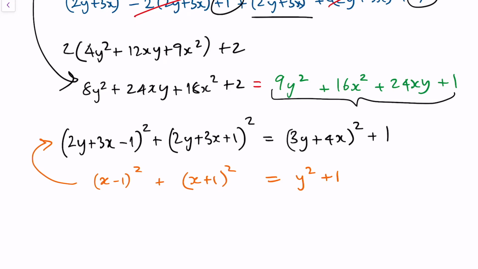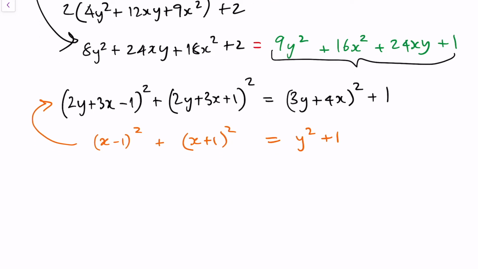So the first solution is obviously x equal to 2, y equal to 3, or in fact 0, minus 1 and plus 1, isn't it? So this will solve these equations. Just to ensure that we understand that this indeed solves: if x is 2, we have 1 squared plus 3 squared, and y squared is 3 squared plus 1, so it solves the equation, yeah?